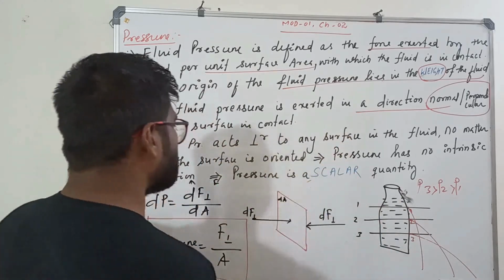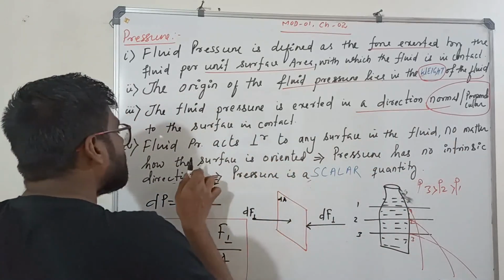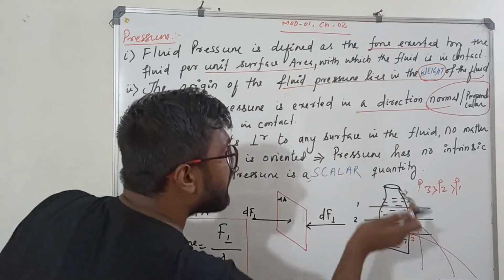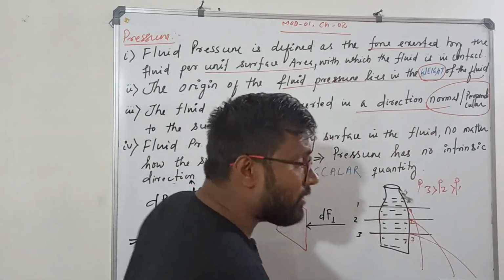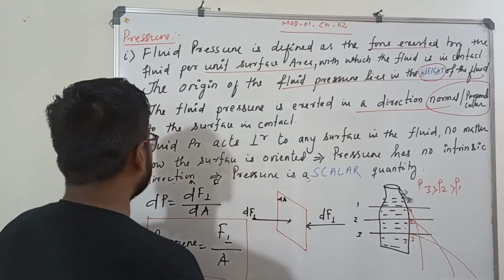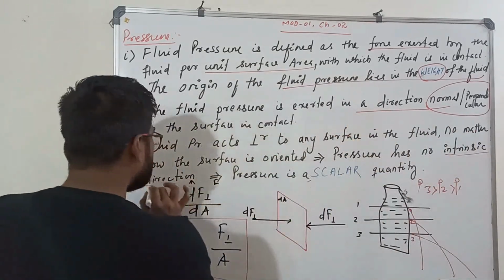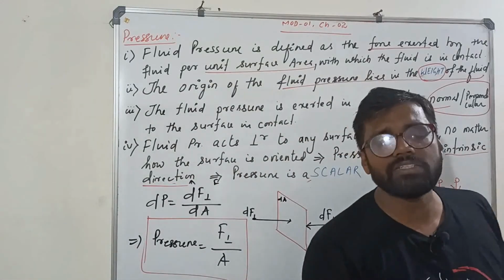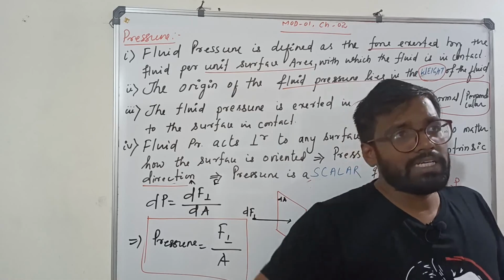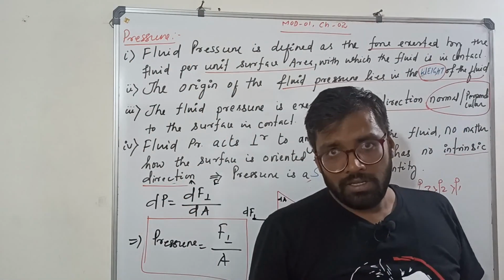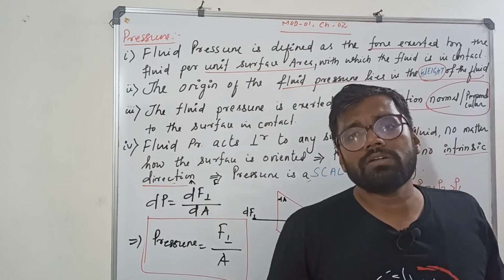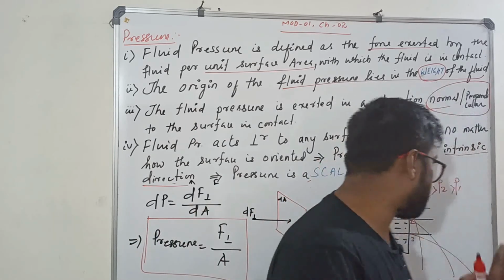That means irrespective of the orientation of the surface, the pressure exerted is always perpendicular. Hence, it does not have any intrinsic direction. There is no definite direction of the pressure applied. That is, pressure is equal in all directions, and the force applied is perpendicular irrespective of the orientation of the surface.